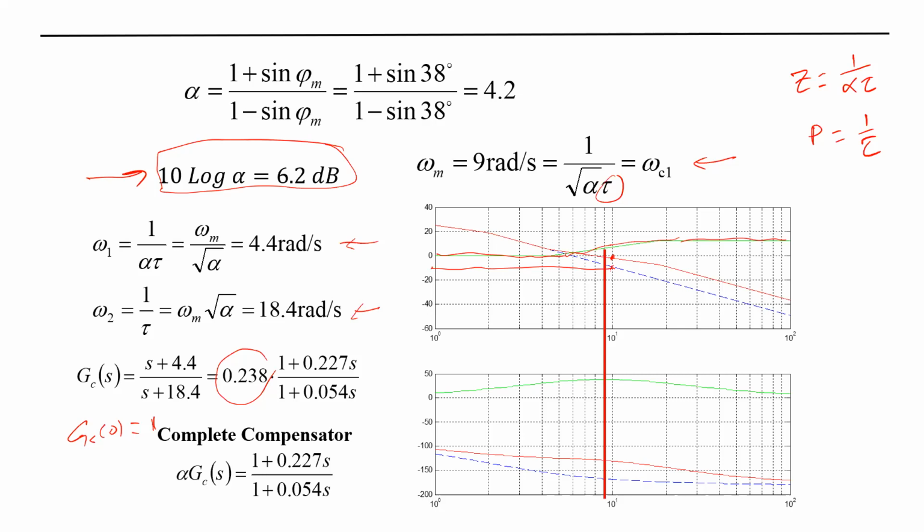So the limitation which we have said in the design is that if you need more than, let's say, 60 degrees in phase margin, you cannot have it from the phase lead compensator. Either you use another stage, or you can go to what we call the lag compensator. If there's no question, I will go to the lag compensator.